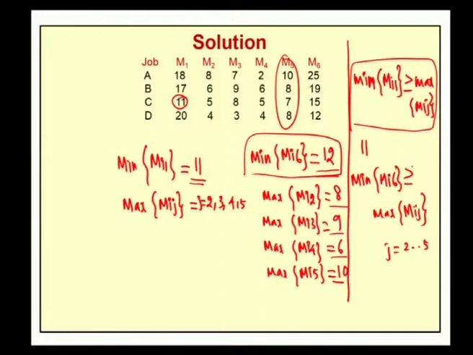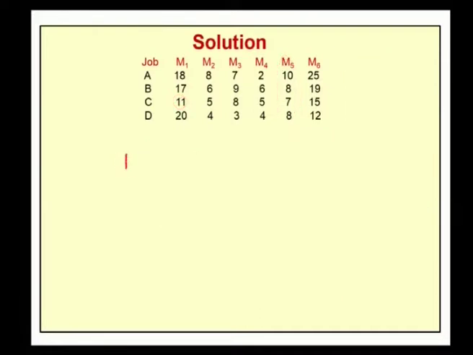Therefore, we can convert the 6 machine problem into 2 machine problem by introducing two new machines G and H. Now, we introduce a new machine G and a new machine H. The processing time of the new machine G is processing time of machine 1 plus machine 2 plus machine 3 plus machine 4 plus machine 5.